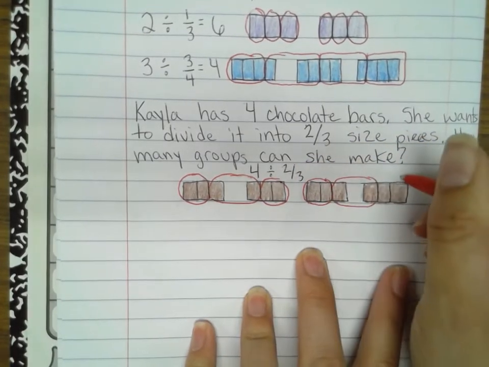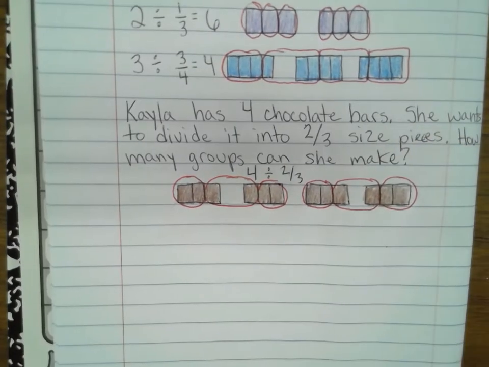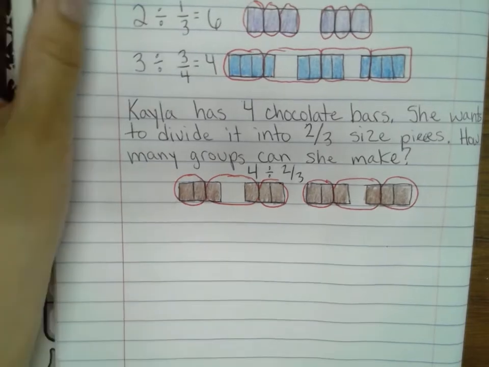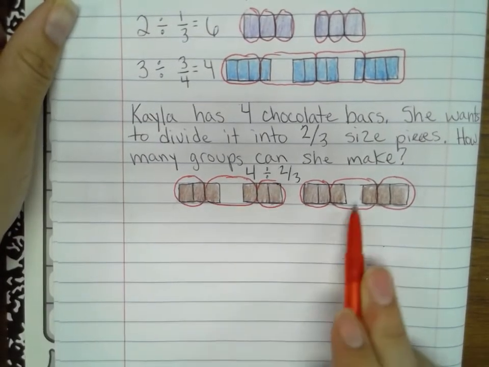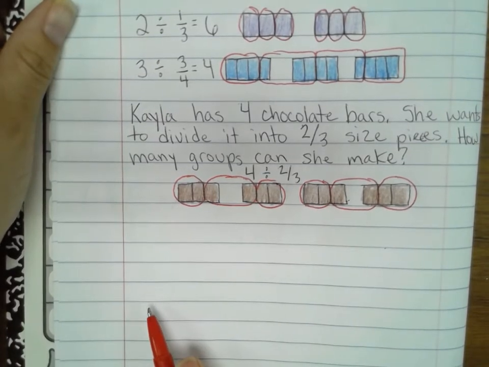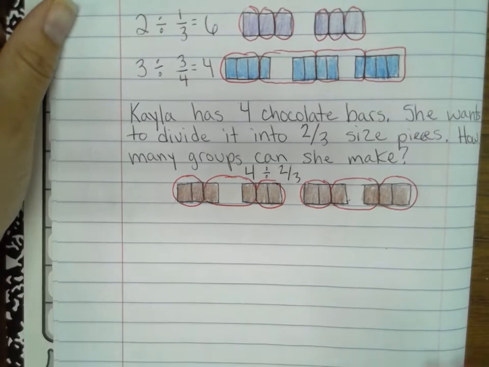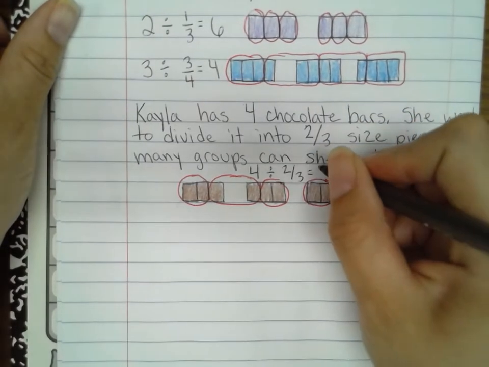Just keep circling until I have all my groups. Okay, so now you can see from here, I made 1, 2, 3, 4, 5, 6 complete groups that have 2/3 of a chocolate bar in it. So my answer is 6.